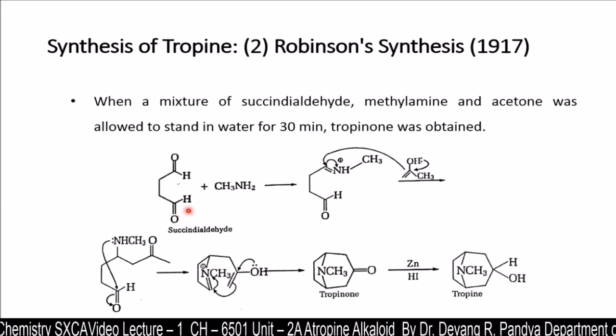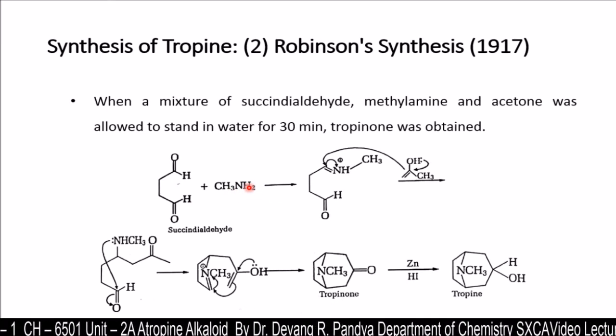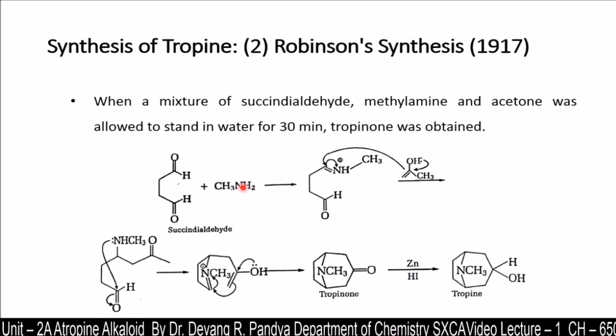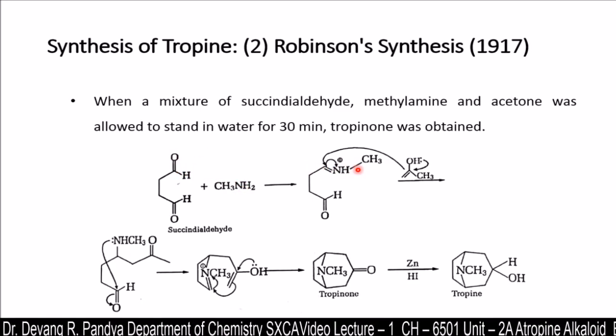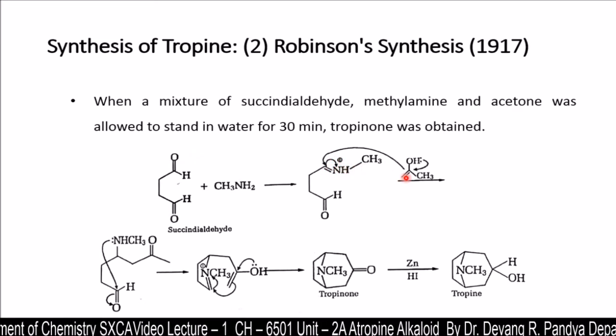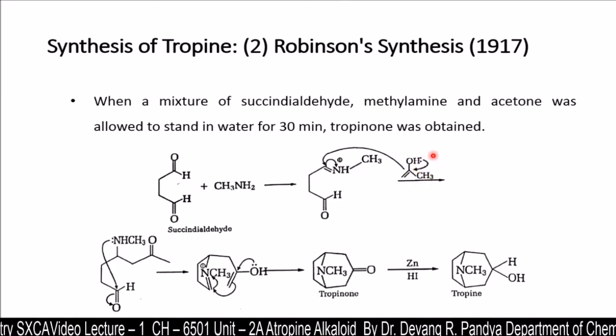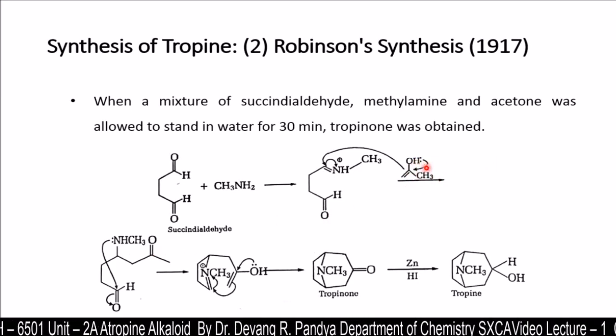Succindialdehyde is treated with methylamine. Methylamine, which contains the nitrogen, will attach over here, substituting one aldehyde group, and we're going to get this one. The pi electron is shifted onto this nitrogen, and then again it is treated with this aldehyde group.